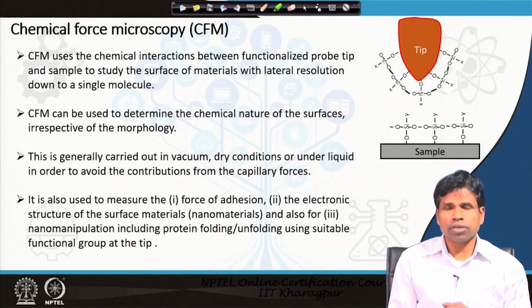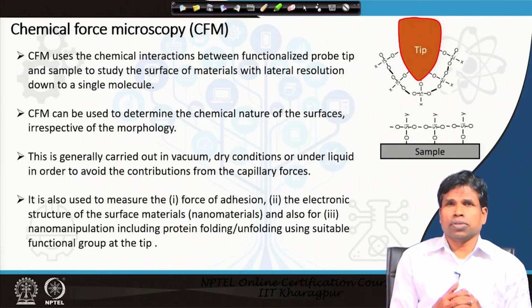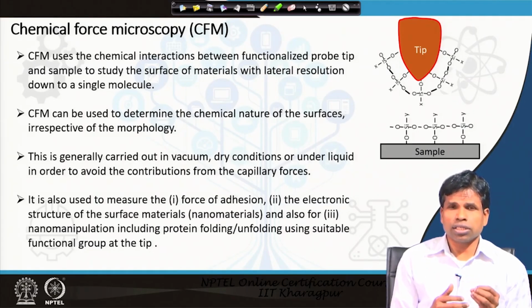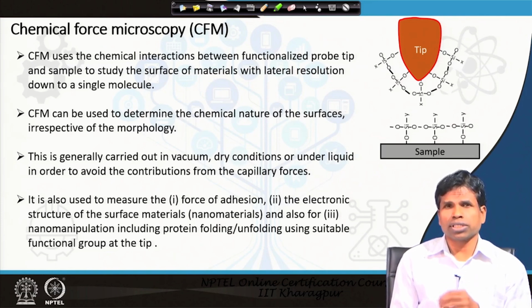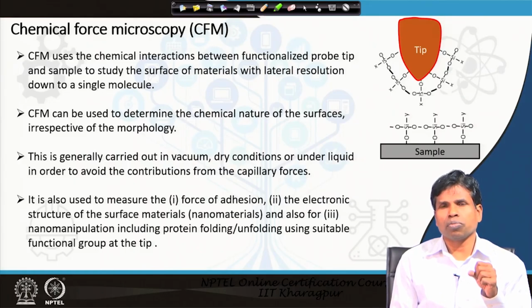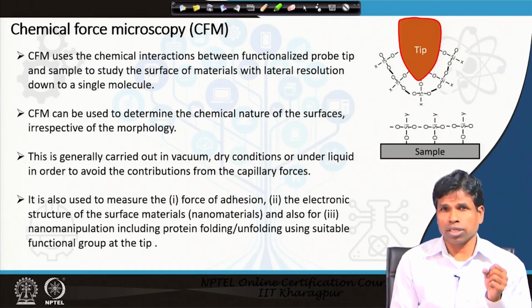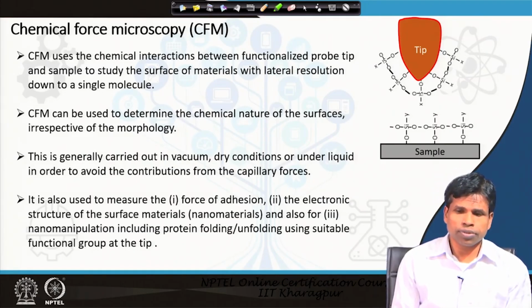This force microscopy uses the chemical interaction between the tip and sample. In this case the tip is functionalized with a particular group and then brought close to the sample surface and made to contact the sample surface, and then it is pulled up, measuring the adhesion force of those chemicals.